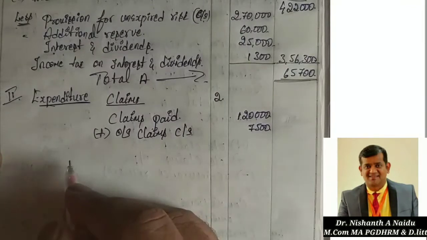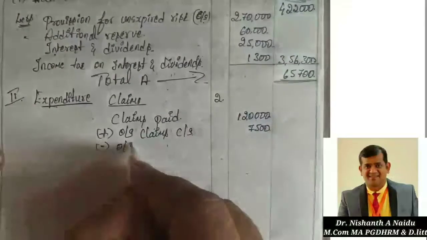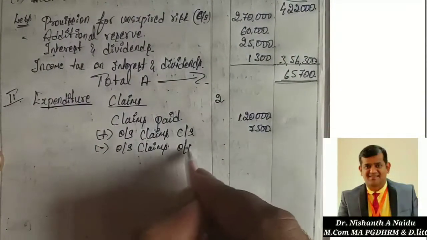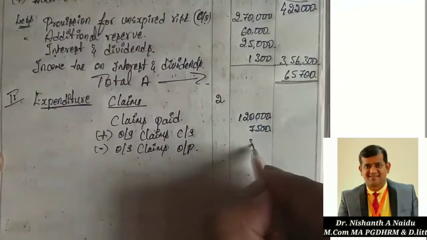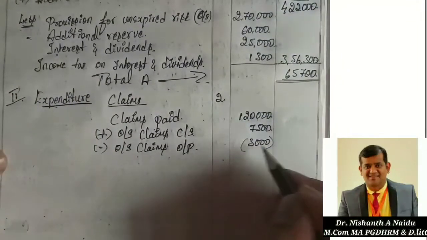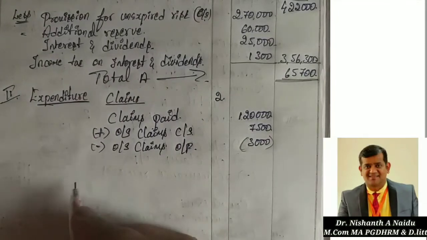Then less outstanding claims opening. Outstanding claims opening, that is 3,000 rupees. So 3,000 in bracket. I am mentioning that in the bracket. Okay. So then reinsurance recovery is there.